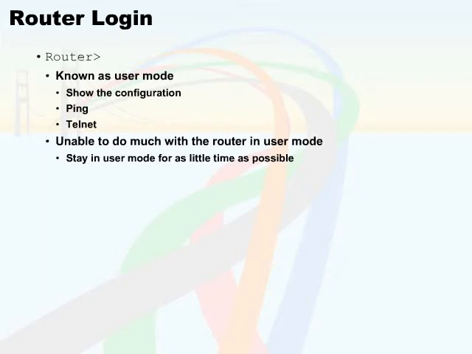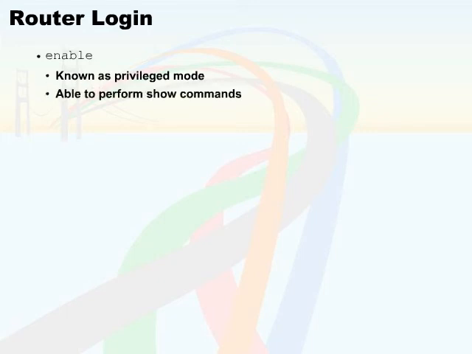The first thing that we're going to do to log in with the router is to use the enable command. This command enables a new mode or a new context, which is indicated by the # or the octothorpe, which is known as privilege mode. This is considered to be the root of privilege mode. Once I've enabled the router, I can use show commands.